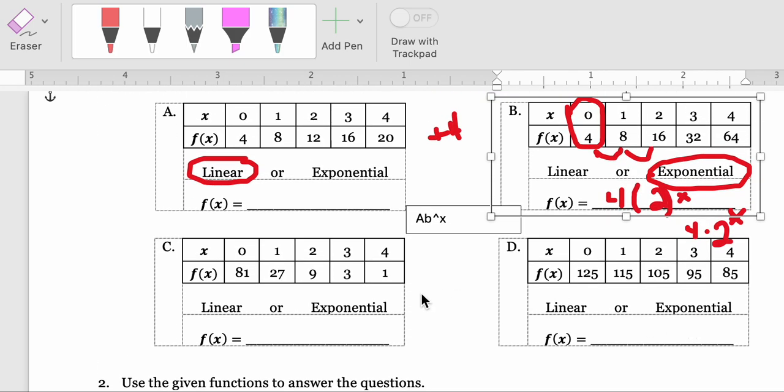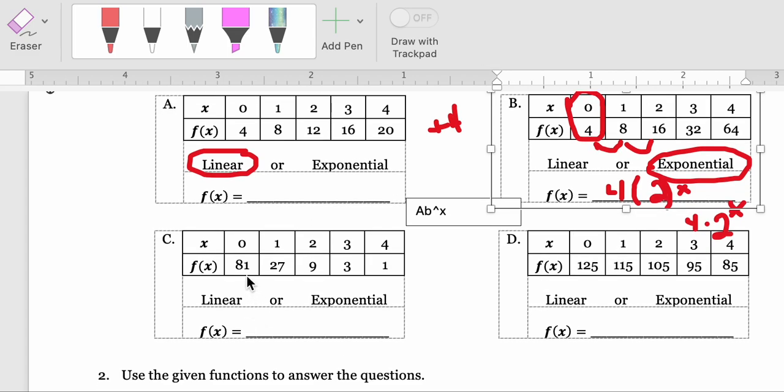So let's go to C. C is, let's take a look. So we go from 81 to 27. Then we go from 27 to 9, then from 9 to 3, and from 3 to 1. So I'm just going to work backwards to see. I had to divide by 3.